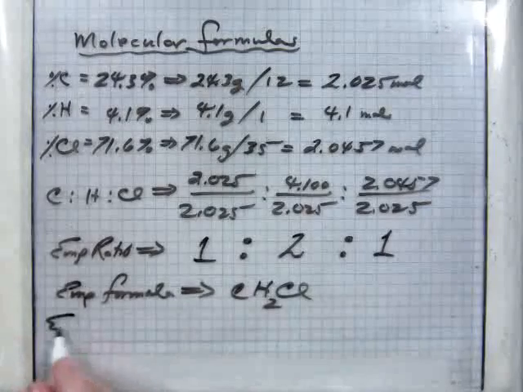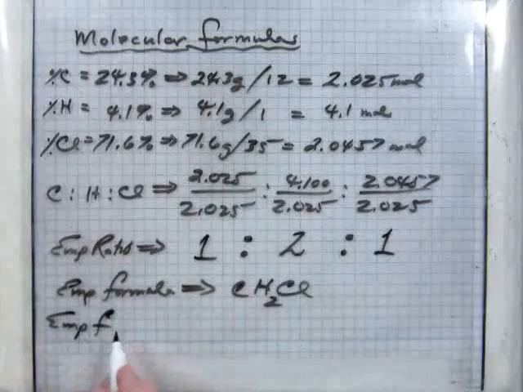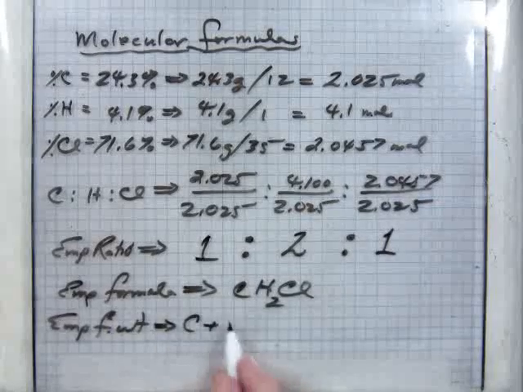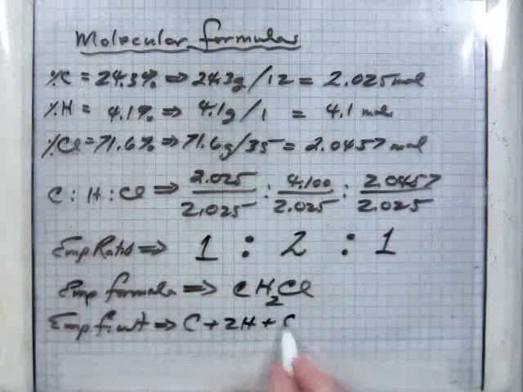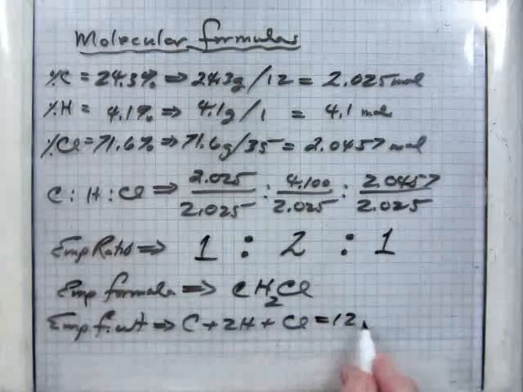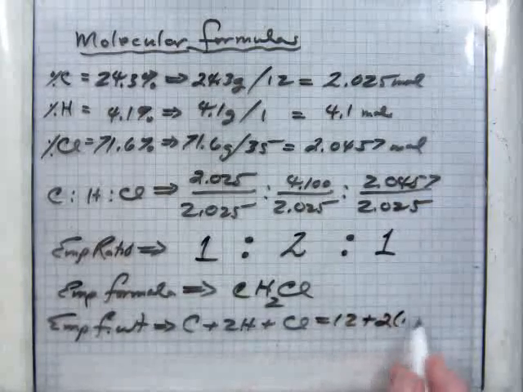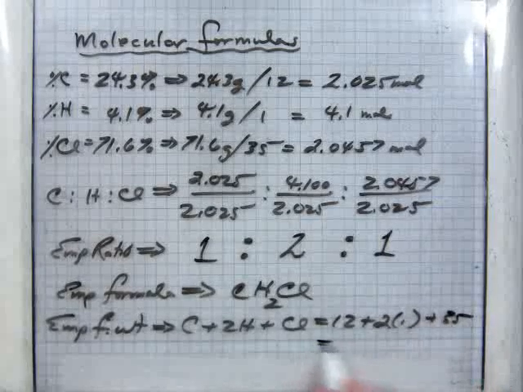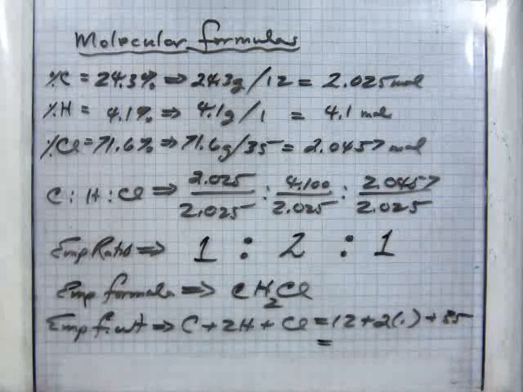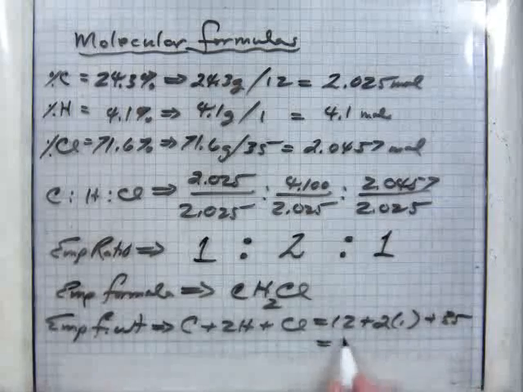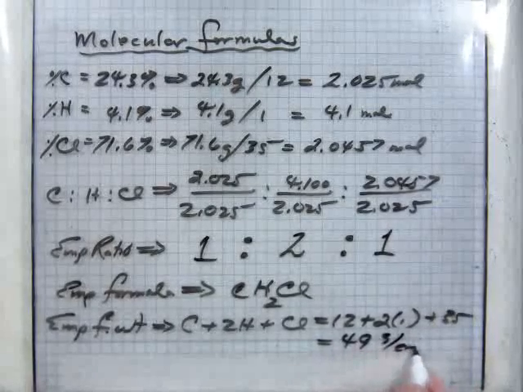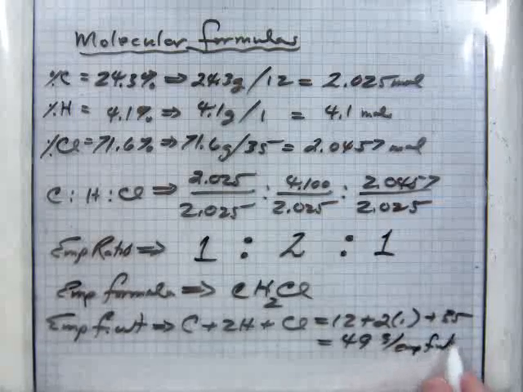Well, the empirical formula weight now is carbon plus 2 hydrogens plus a chlorine, which is 12 plus 2 times 1 plus 35.5, which is 49.5 grams per empirical formula weight.